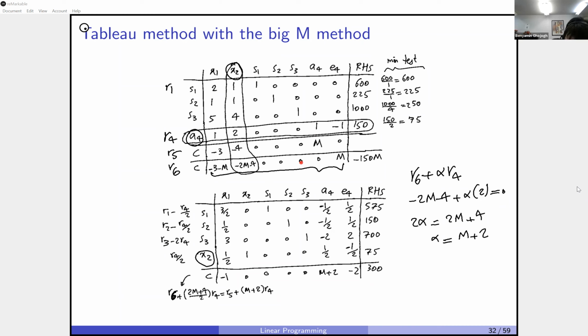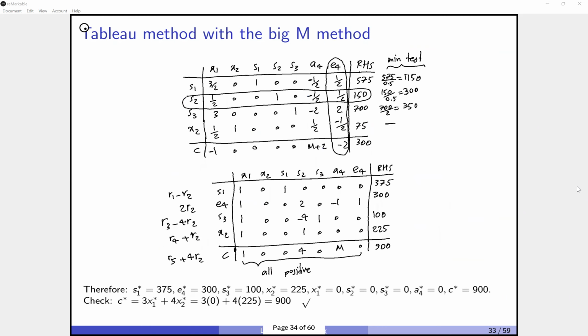Why? Because 0 plus (M plus 2) times 0 becomes 0. 0 plus (M plus 2) times 1 gives you M plus 2. The same for everyone. Also here, minus 150M plus (M plus 2) times 150 gives you 300. So far clear?